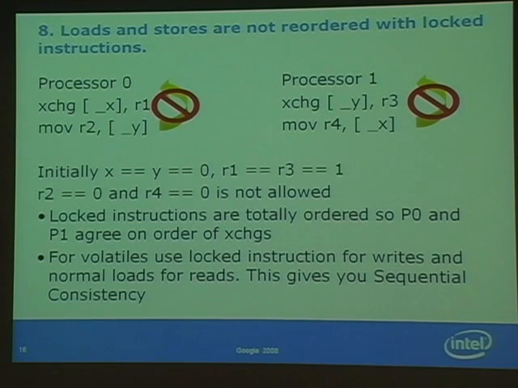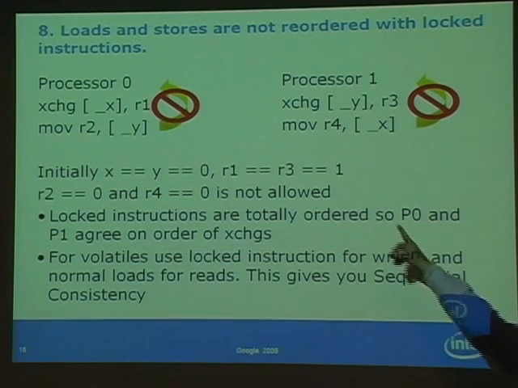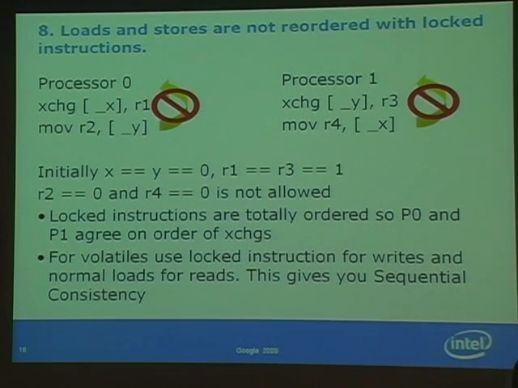So to make the lock instructions useful in these contexts, we also say that loads and stores cannot be reordered with lock instructions. So in the case of processor 0, we have a lock instruction that writes a 1 into location X, and then we'll read from Y. And over here, we're writing a 1 into Y, and we're reading from X. So they're flipped.